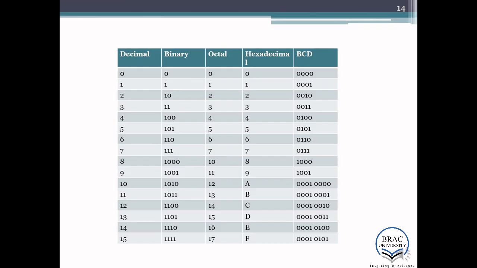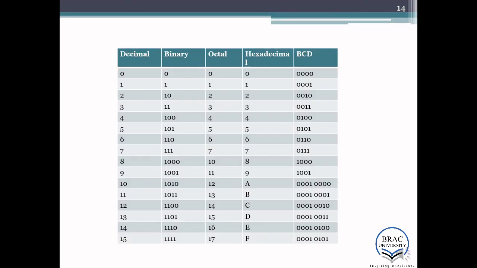So 0 to 7, for 8 is 10, 9 is 11, 10 is 12, up to 17. For hexadecimal, 0 to 9 is the same as decimal, but for decimal 10 hexadecimal becomes A, for 11 it becomes B, and for 12 C, 13 D, 14 E, 15 F.